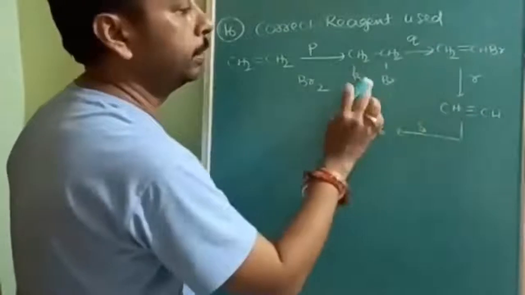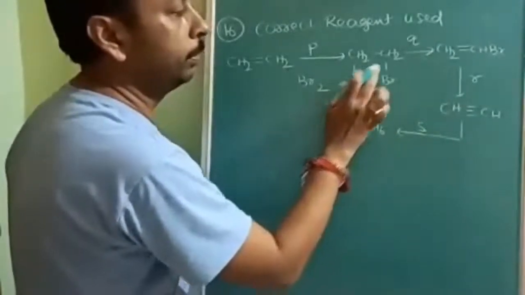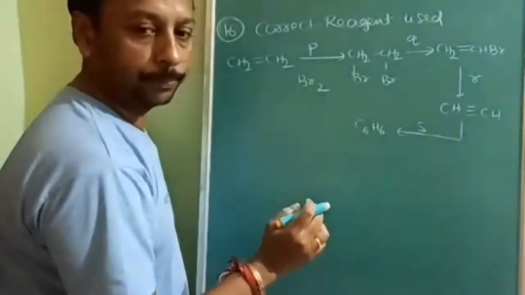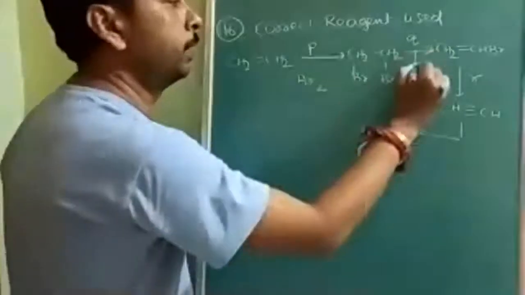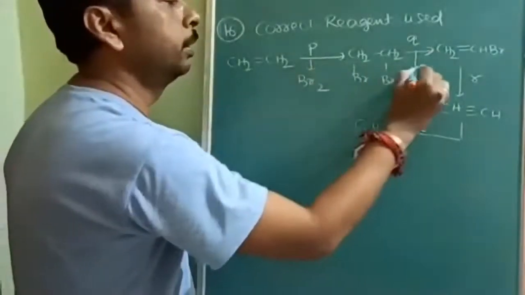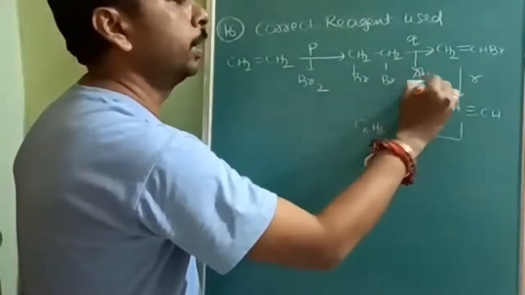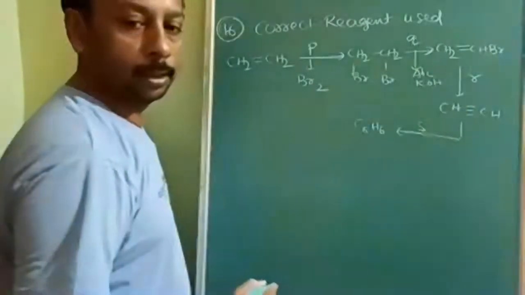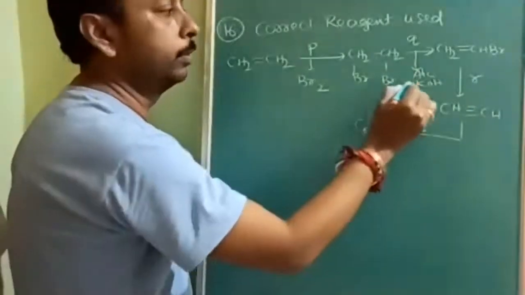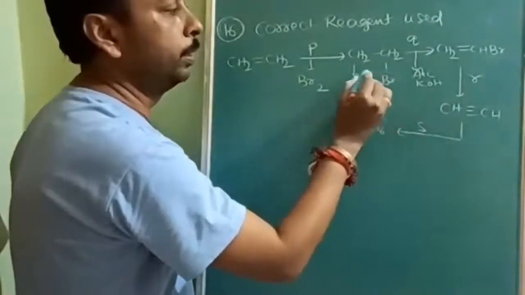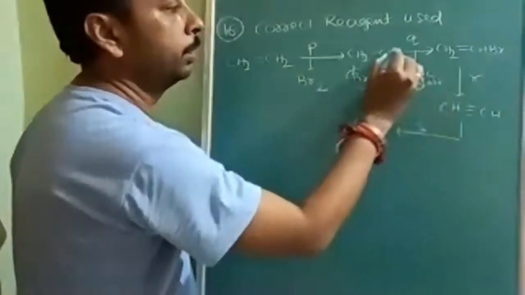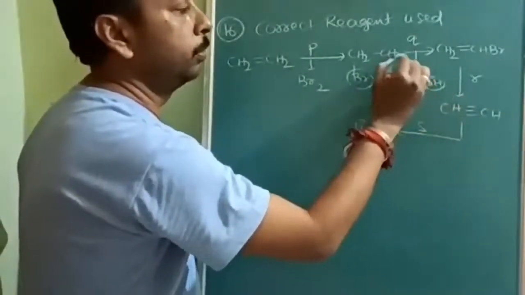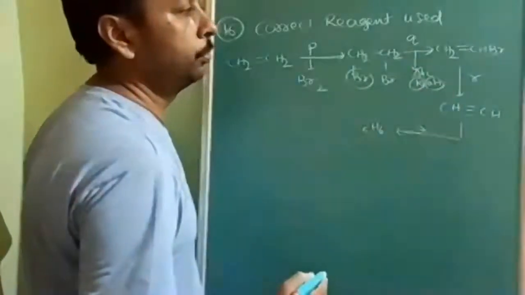A double bond is introduced by eliminating bromine from here and hydrogen from here. So what should be the Q option? Alcoholic KOH. When you use alcoholic KOH, potassium will remove bromine and this hydrogen will be removed by the OH, so it will convert into a double bond.